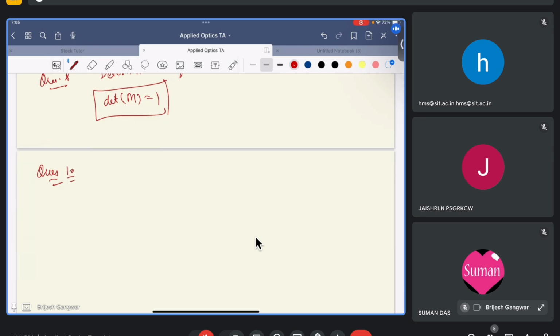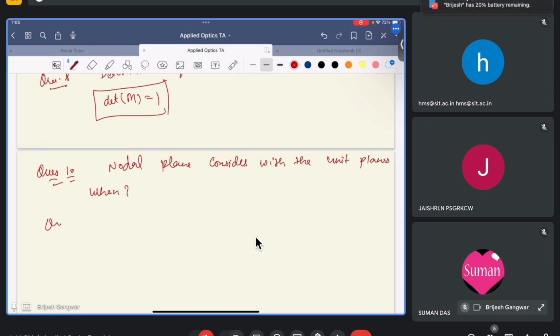So in question 10, the nodal plane coincides with the unit planes when. The options are: media on either side of an optical system have different refractive indices, or media on either side of an optical system have the same refractive index, or no dependence on the refractive index of the surroundings of the optical system, or none of these.